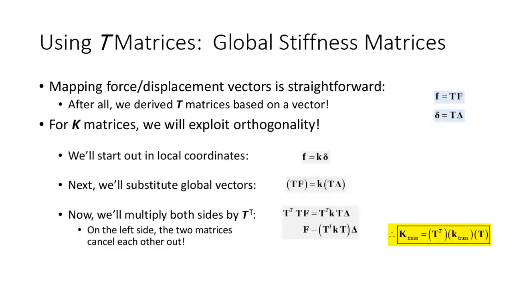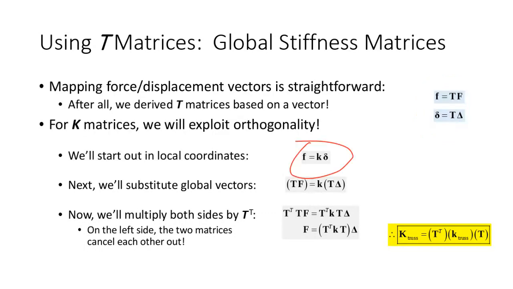So watch this. This is true: local F equals T times global F. Local delta equals T times global delta. That's easy. But what about the K matrices? Because this is what I'm after. So first off, let's start off with a fact that we can all agree on.